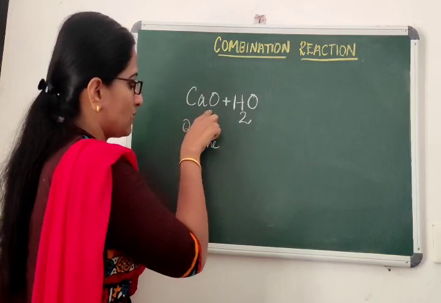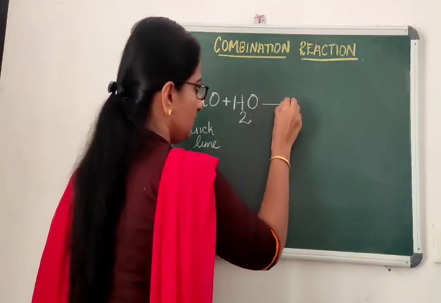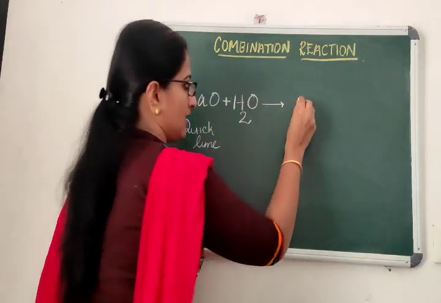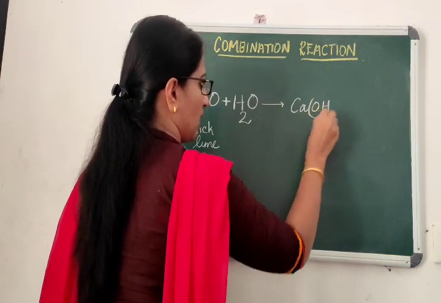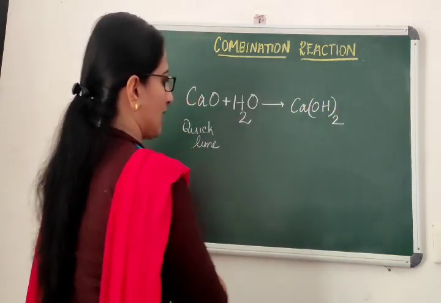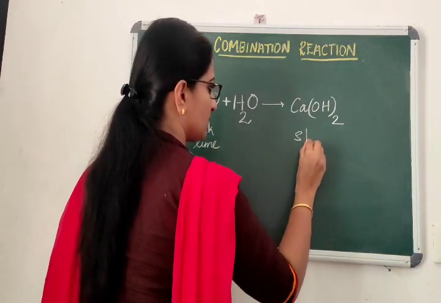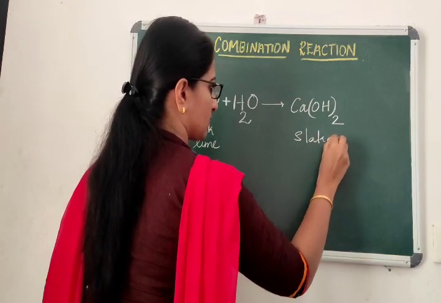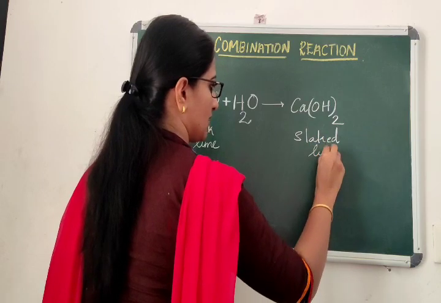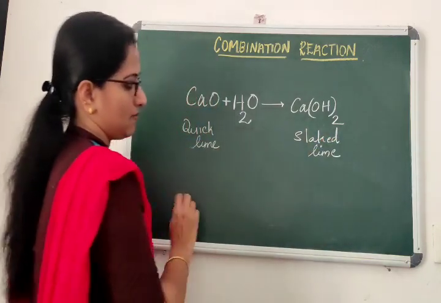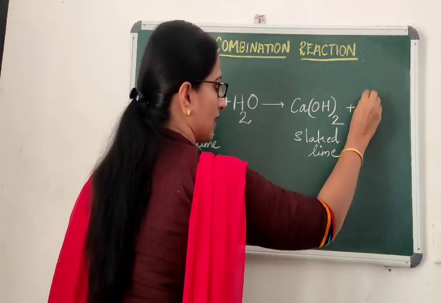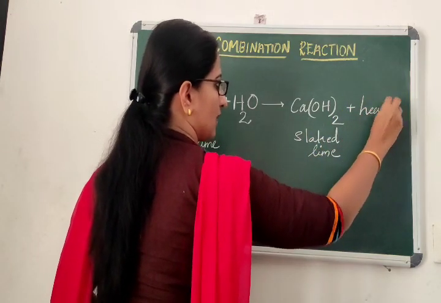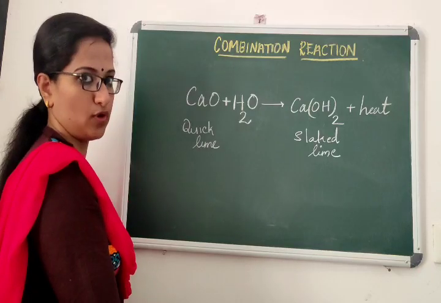To this calcium oxide, if you add water, you will get calcium hydroxide, Ca(OH)2. This calcium hydroxide is known as slaked lime. So this slaked lime is produced along with a tremendous amount of heat energy.